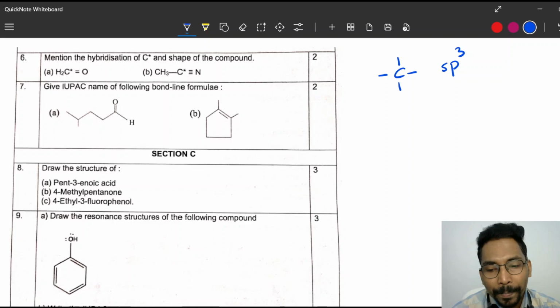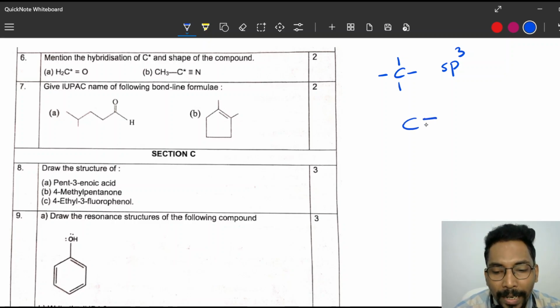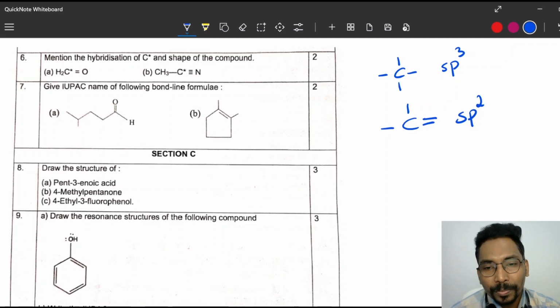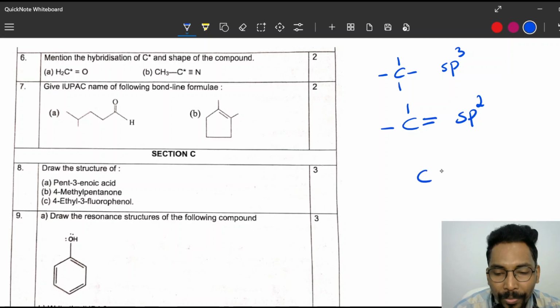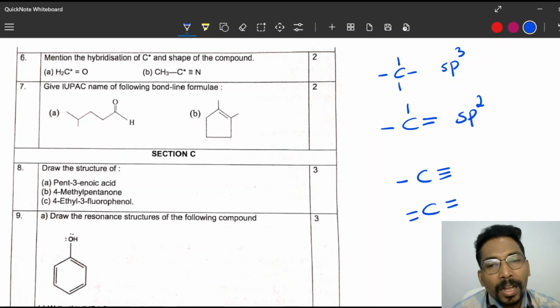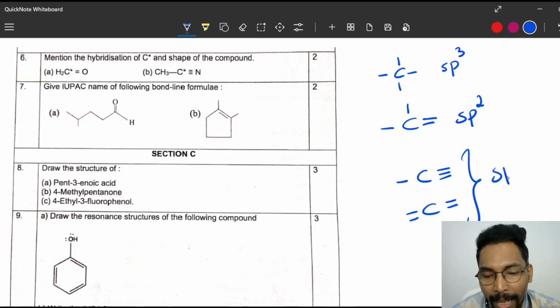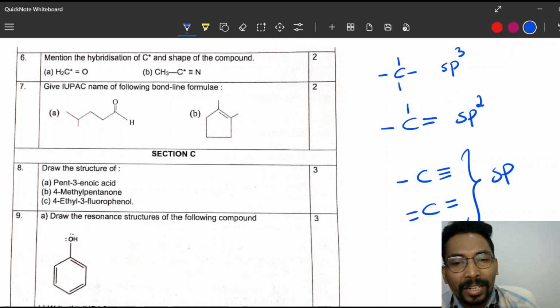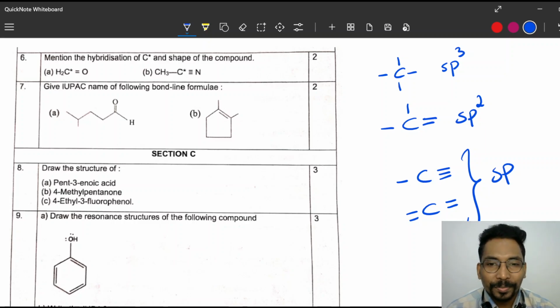If a double bond is present, that will be sp2 hybridized. And if it is a triple bonded carbon, or if double bonds are present on both sides of the carbon, this too indicates sp hybridization. Clear?